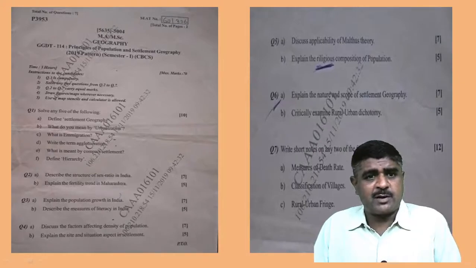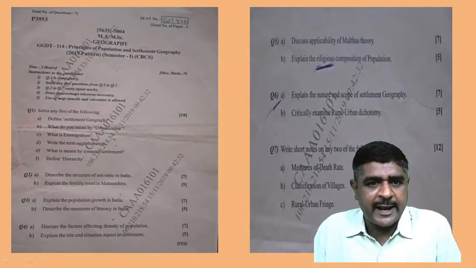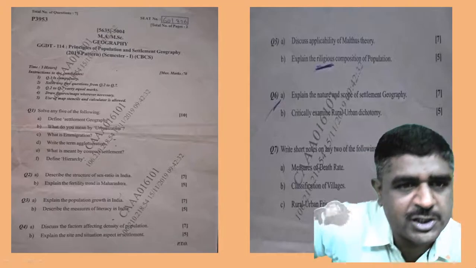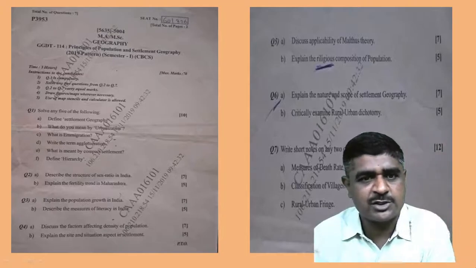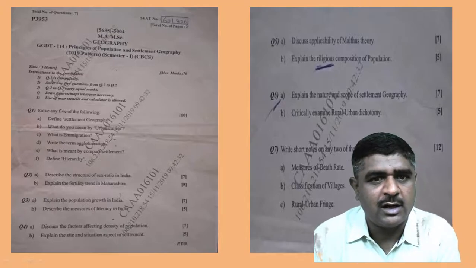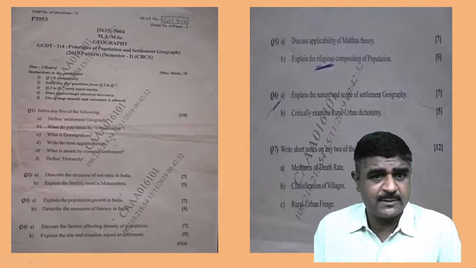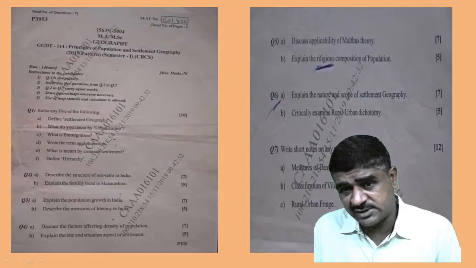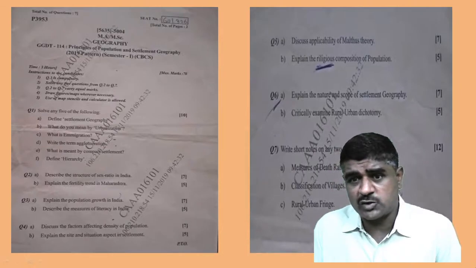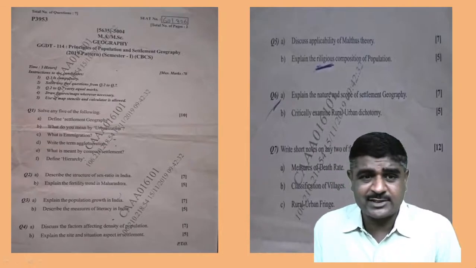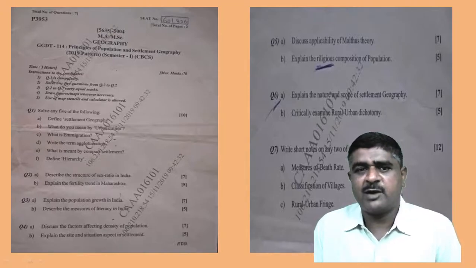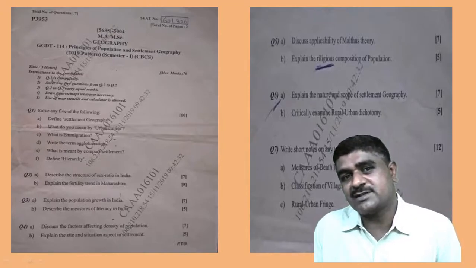In this question paper you have 7 questions. You should solve any 5 questions among these 7. Among them, the first question is compulsory, which carries 10 marks. Then question number 2 up to question number 7 are 6 questions. You have the choice to solve any 4 questions, and because of that it is known as a choice based credit system.